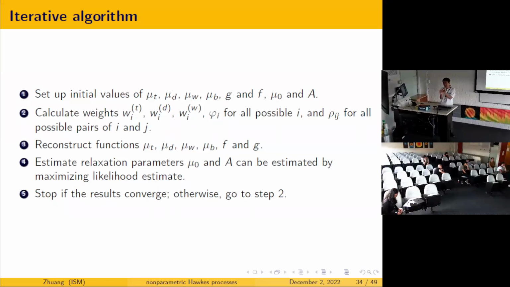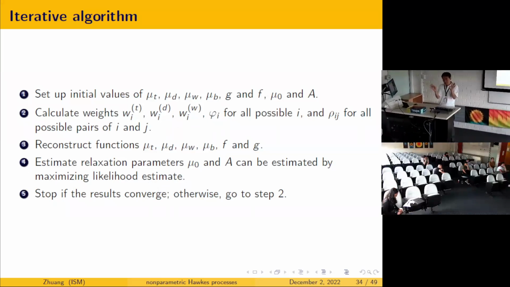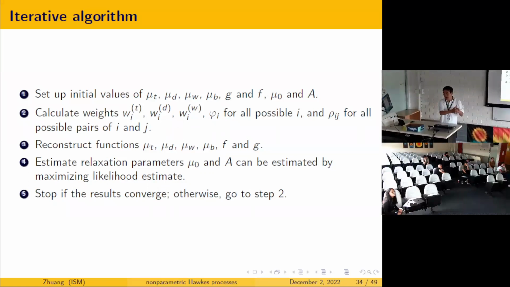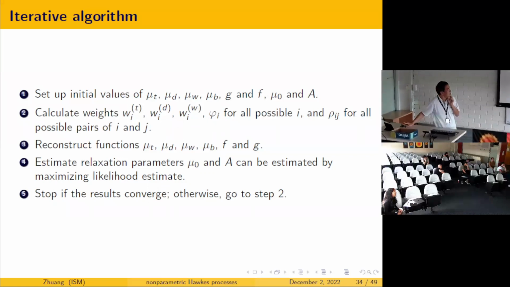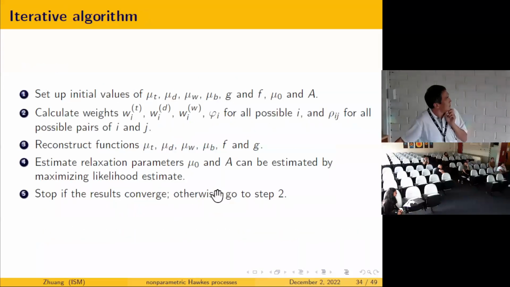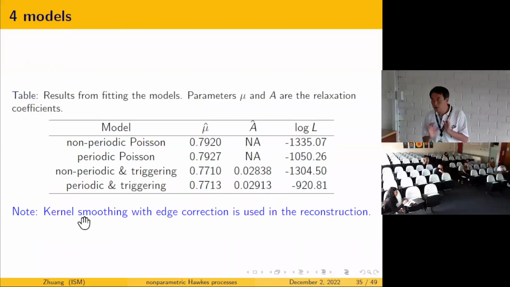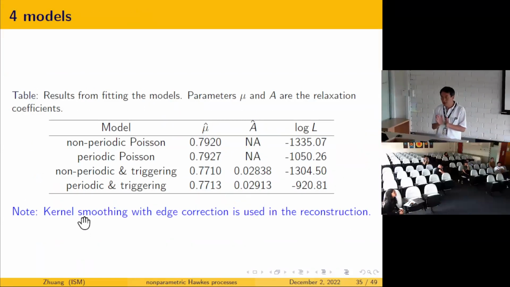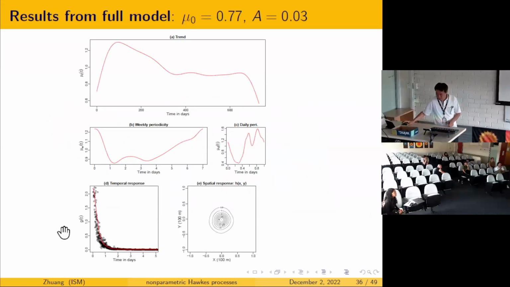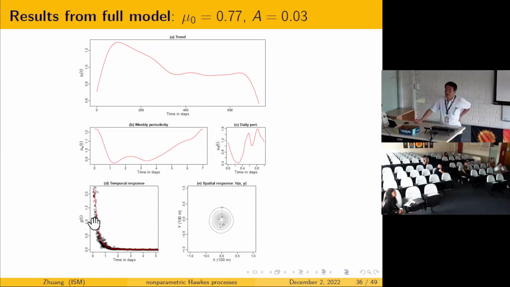So this is trying to catch different parts during the estimation procedure. Also, when I'm doing the background part and using kernel smoothing, the kernel bandwidth is much larger than when we estimate the triggering part.